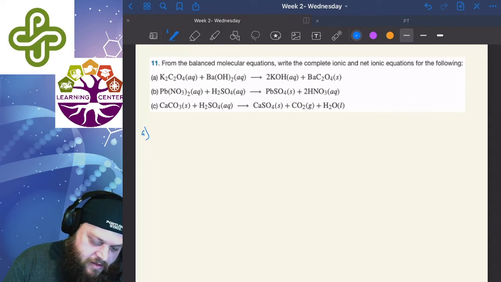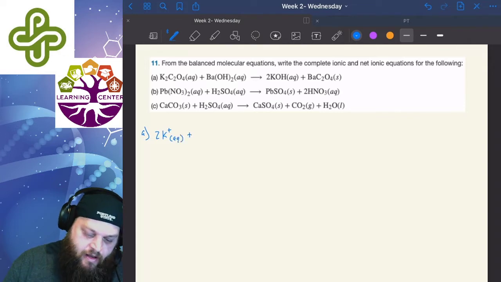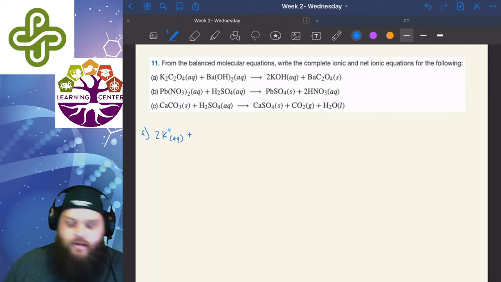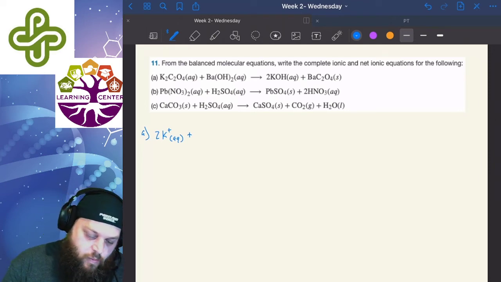So the first one has 2K+ aqueous. All of these are going to be aqueous if they're ionic, because for them to really break apart, they need to be soluble in solution, usually in water.